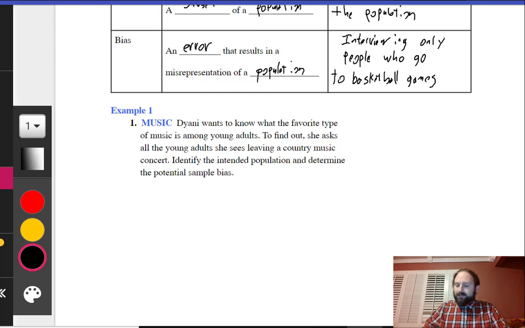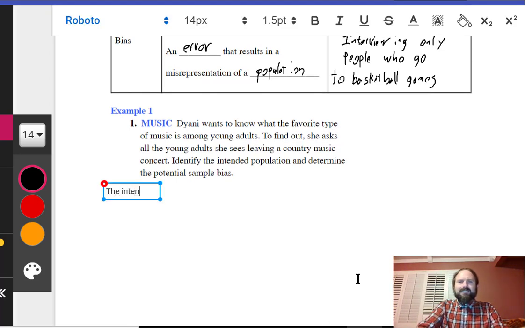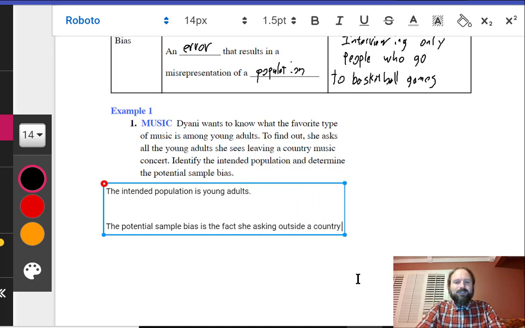Okay, well, she's looking for the intended population, so the intended population is young adults. The potential sample bias is the fact she is asking outside a country music concert.